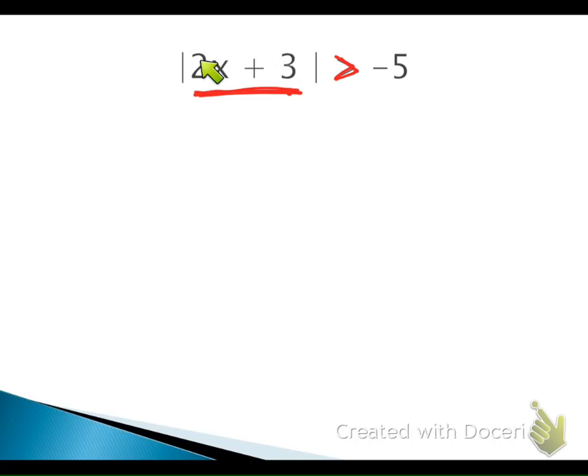If you put something in here that made it 0, 0 is always still going to be greater than a -5. So, basically, I'm telling you, any number you plug in here, when you take the absolute value of it, it's going to be bigger than -5. Does this make sense? Anytime any number works, what do we say is the solution? All real numbers. Great.